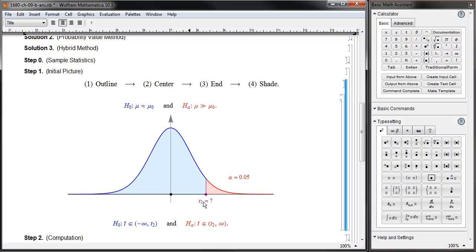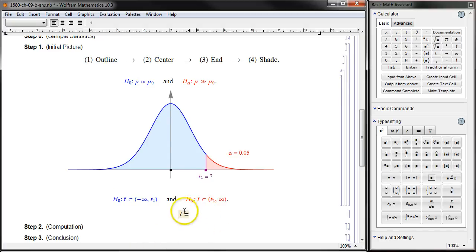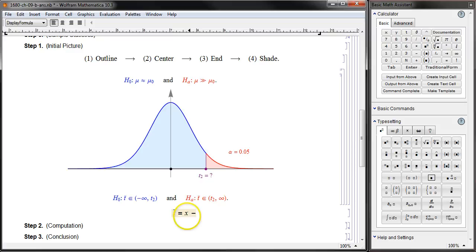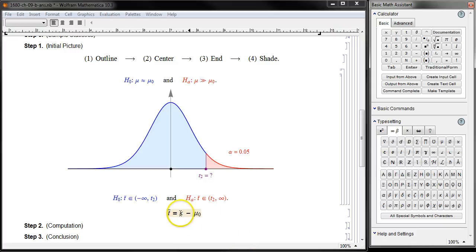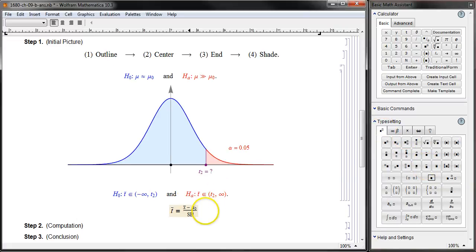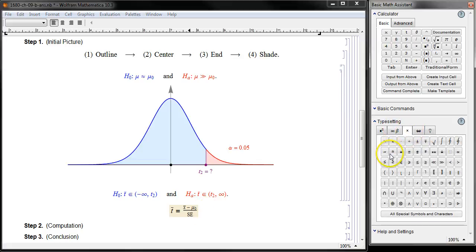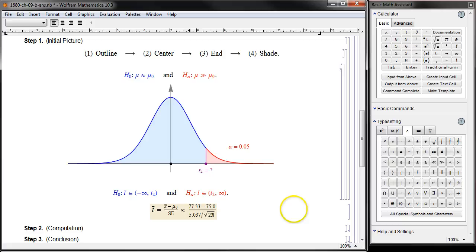Now, what is t-bar? T-bar is coming from x-bar minus center over SE, and that x-bar is x, center is mu 0, over SE, which is in this particular case 77.33 minus 75.0 over 5.037 over square root of 22.